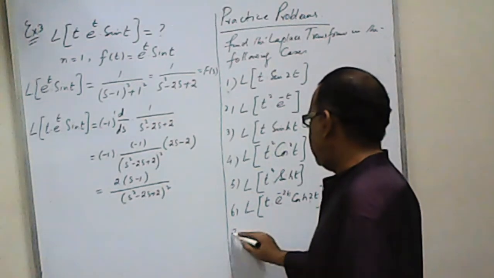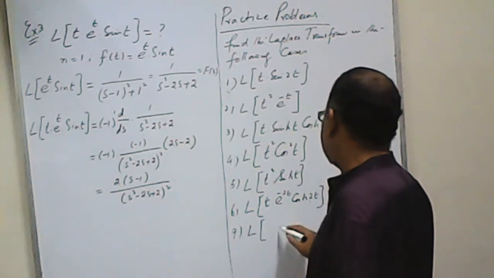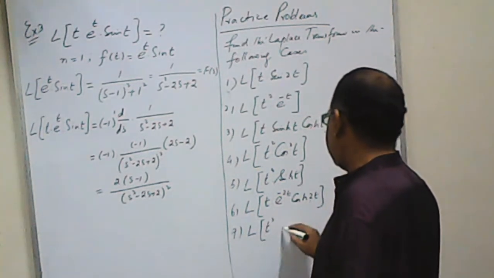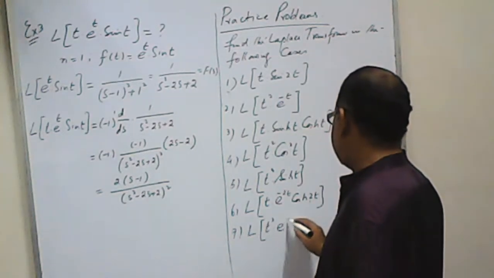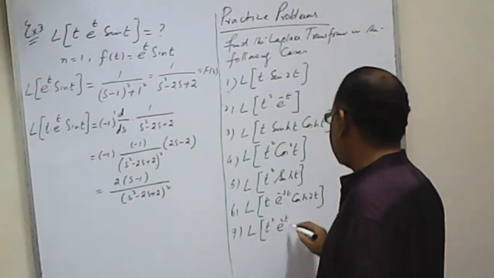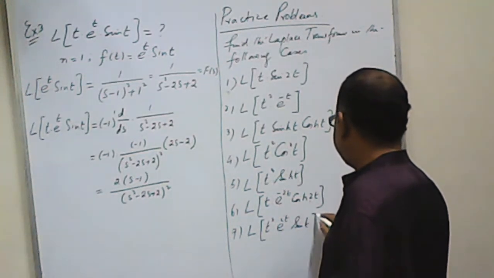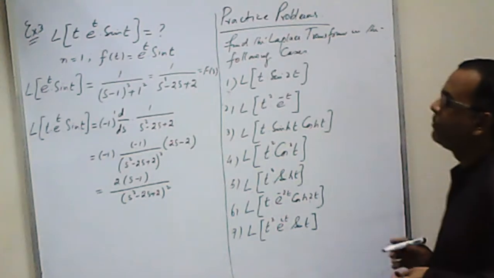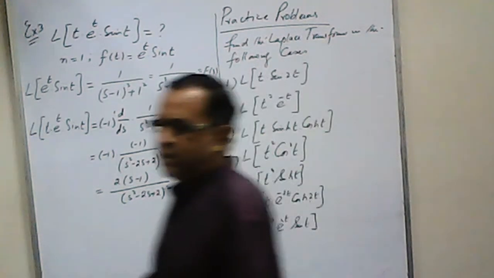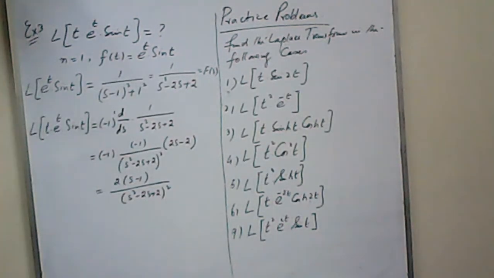And then finally number 7, Laplace of t square e power iota t and sine t. These are a few practice problems for the product cases.